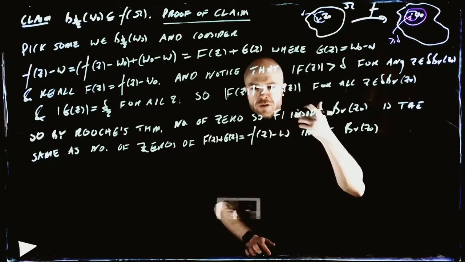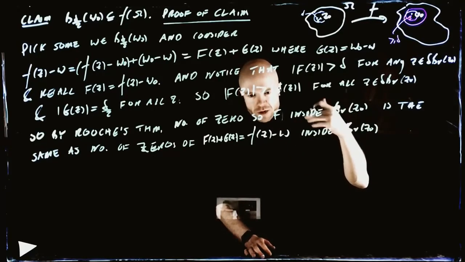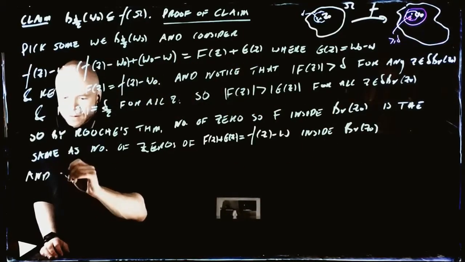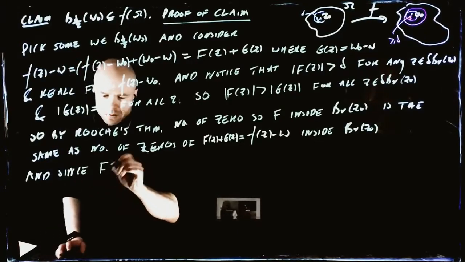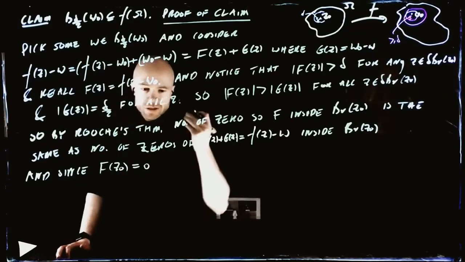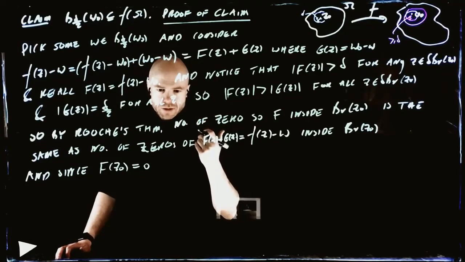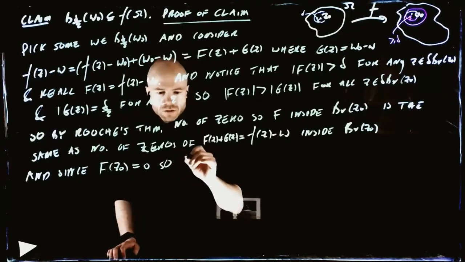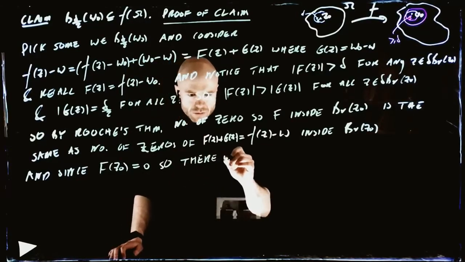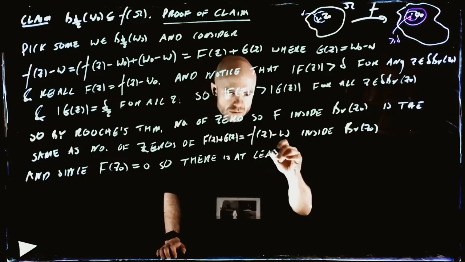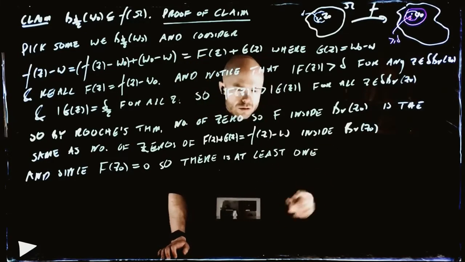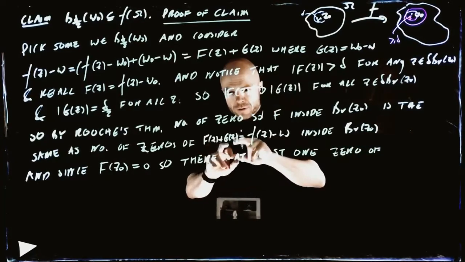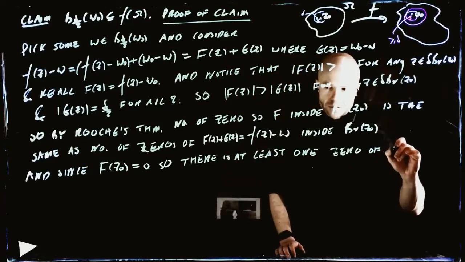And there is at least one zero of capital F inside this ball of radius r around z0 because that's how we set it up. That's how we set things up, yeah? So by definition, there is at least one zero of capital F plus capital G, i.e. of this thing.